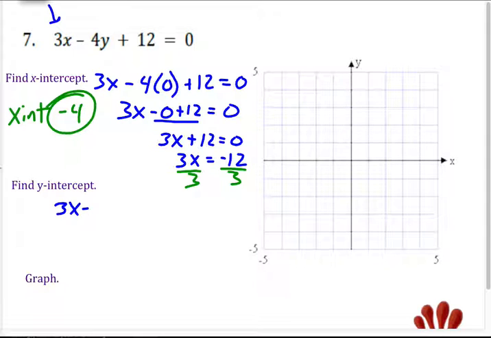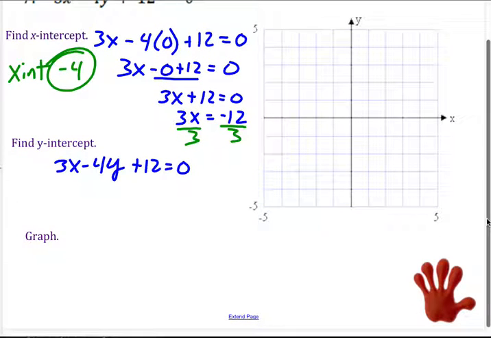So 3x minus 4y plus 12 equals 0. If I was going to solve this for y, the first thing I would do is probably subtract 12 from both sides and get 3x minus 4y equals negative 12.